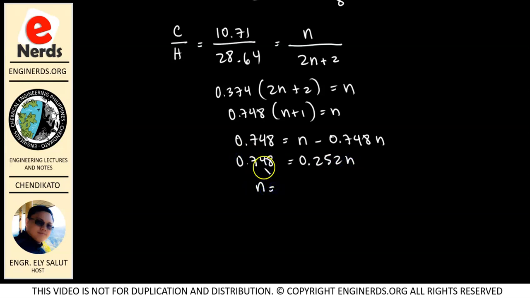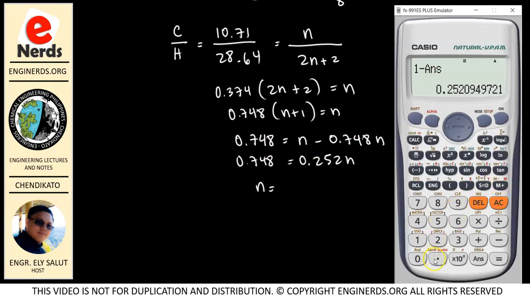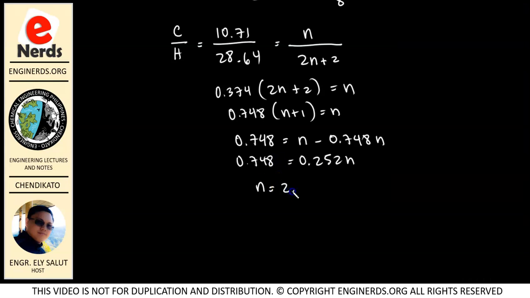Therefore, our N is equal to 0.748 divided by 0.252, which is equal to 2.967, nearly 3. So that means our N is equal to 3.